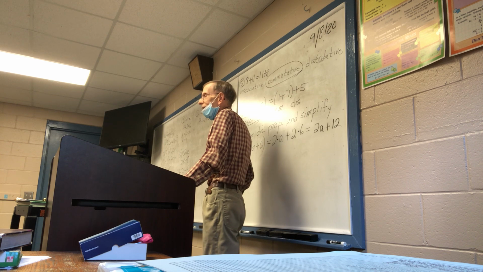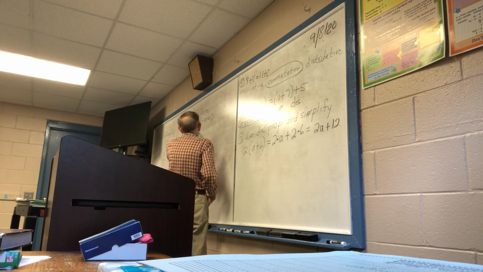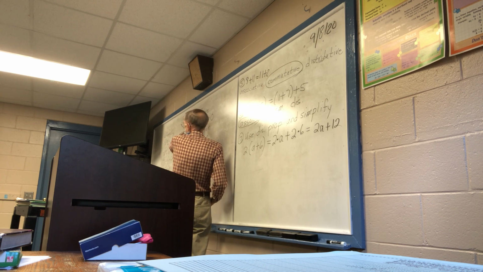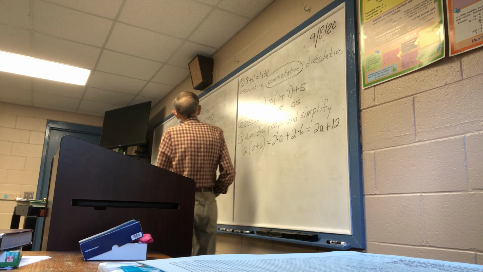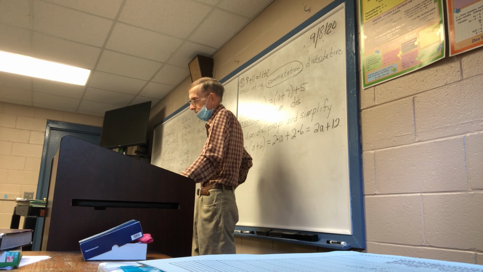What would n be on this one? Yes? 9. One way we could get it is just to say 9 plus 0 equals n, or n equals 9 plus 0. A number minus itself would equal 0. So number 11 would be somewhat like that one.